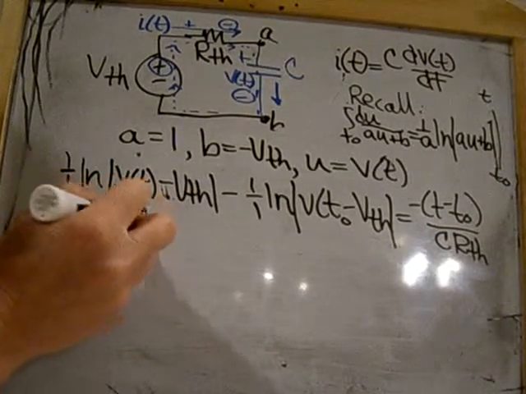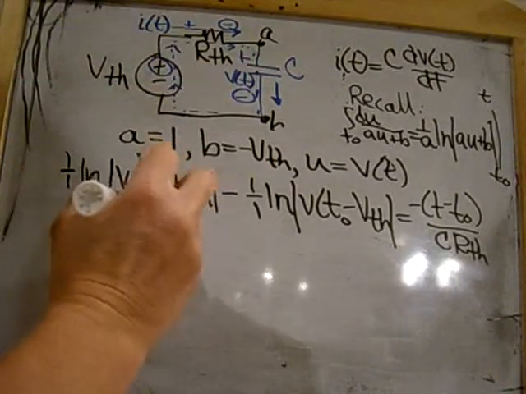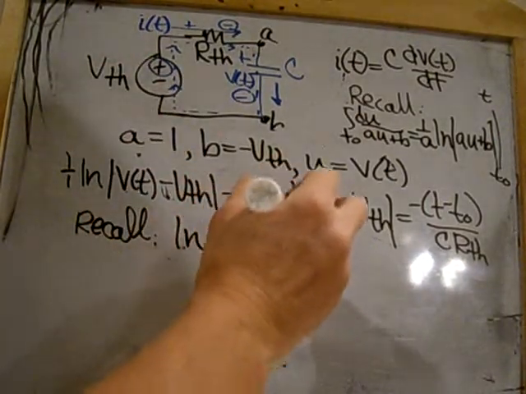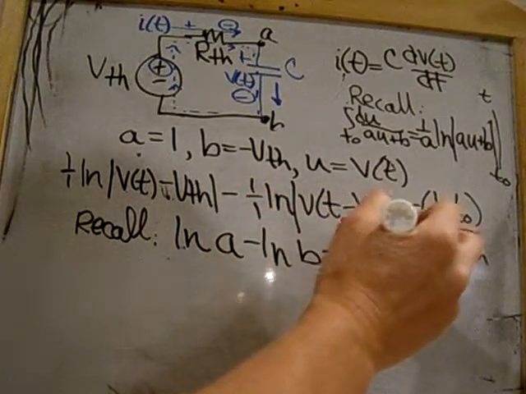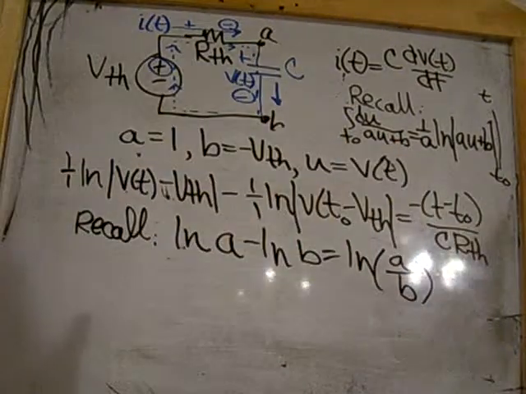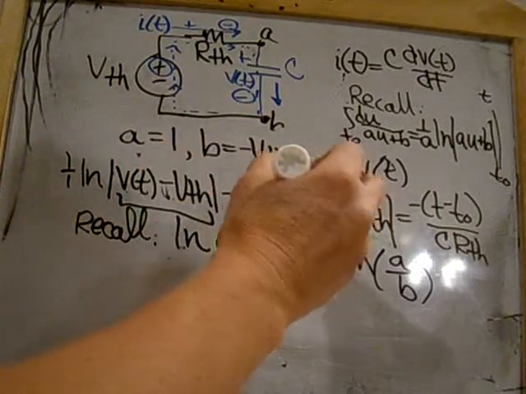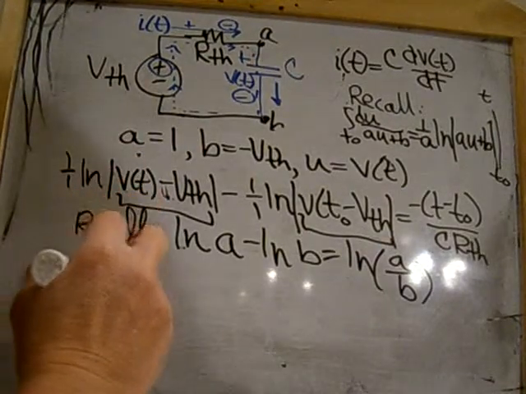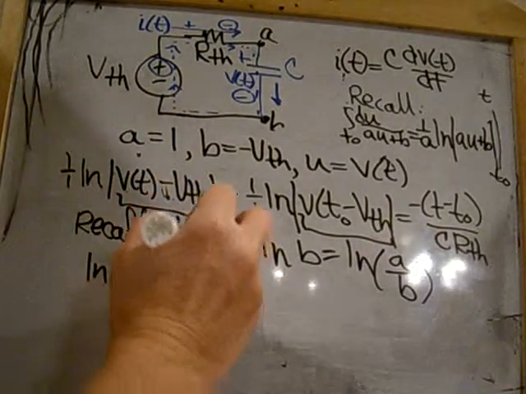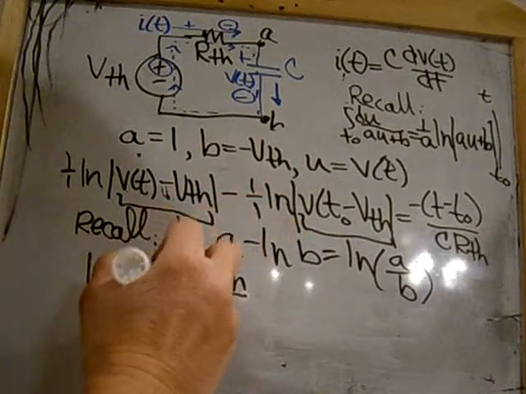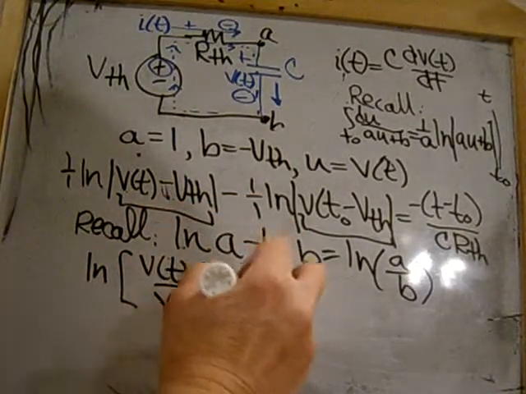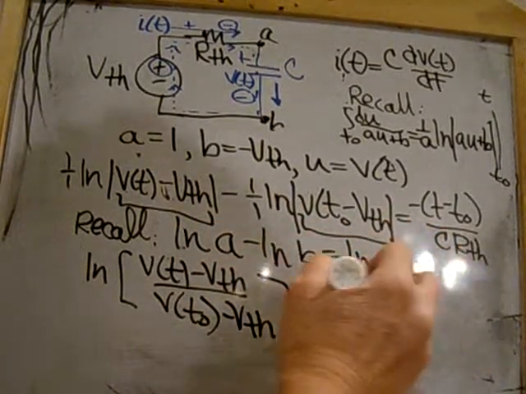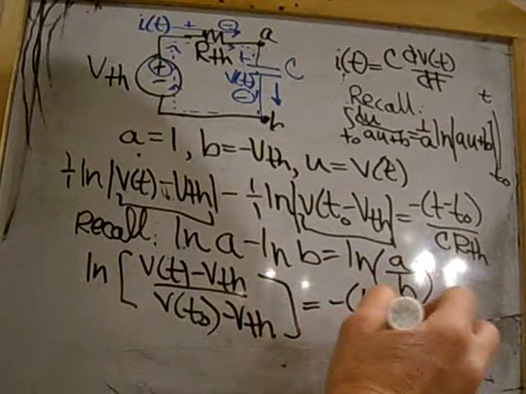Also recall that natural log of A minus the natural log of B is equal to the natural log of A over B. So in this case, this is A and this is B. So I can combine these into the natural log of V of t minus VTH all over V of t0 minus VTH is equal to a minus t minus t0 all over CRTH.